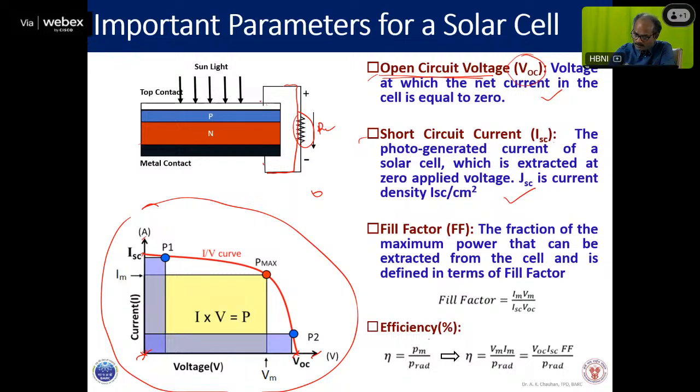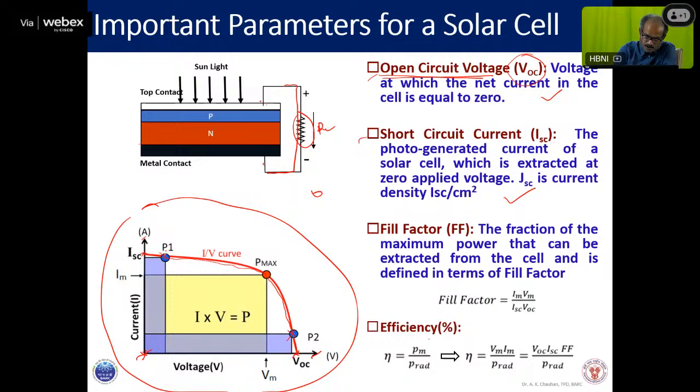So we have to draw the power. As soon as we try to draw the power, the curve doesn't remain straight like this. It moves in this fashion. So this is the power. Let us consider two points, at P1.